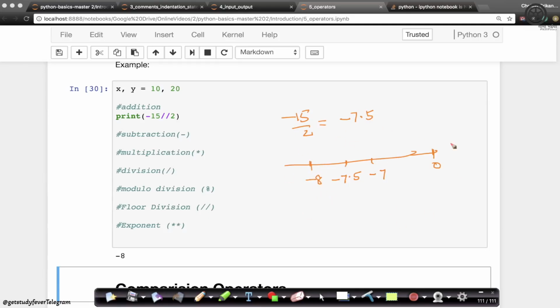In floor operation, what should happen is, you should find an integer, could be a negative integer, which is closest to my number, but still less than this. That's why you get minus 8 and not minus 7. This is important when you're doing a floor operation. So the floor of minus 7.5 is not minus 7, it's minus 8. A lot of people get this wrong.